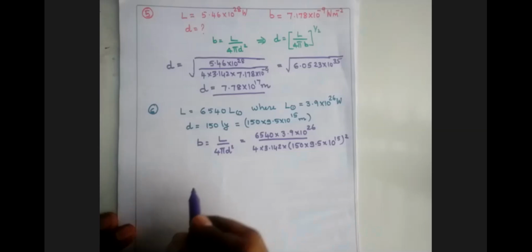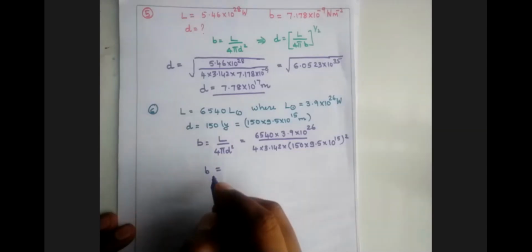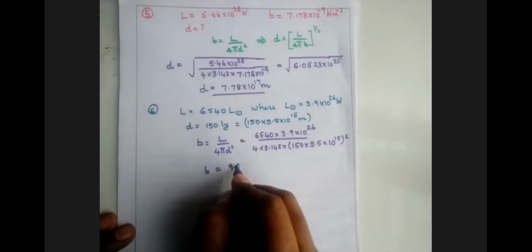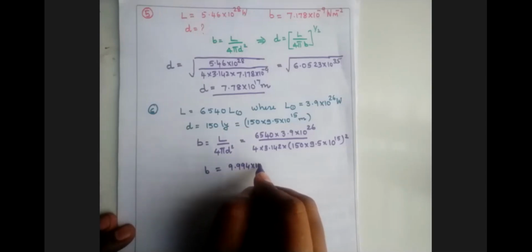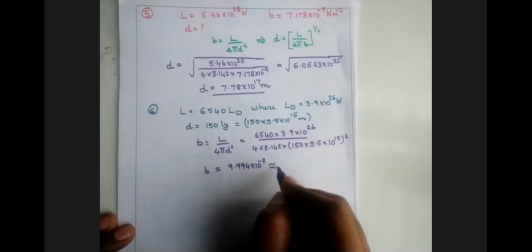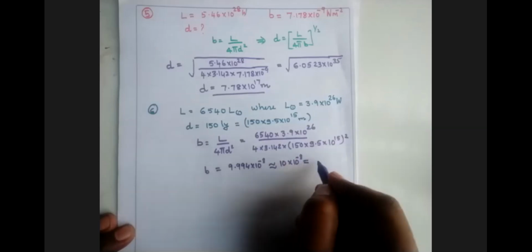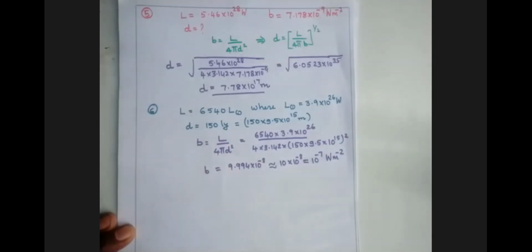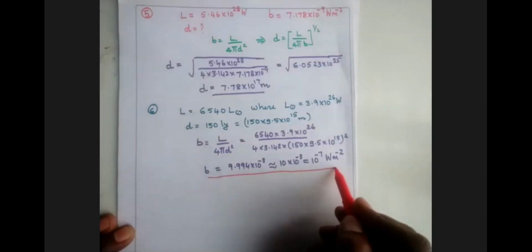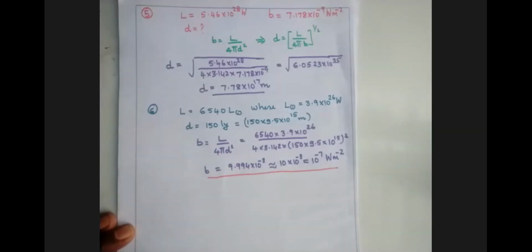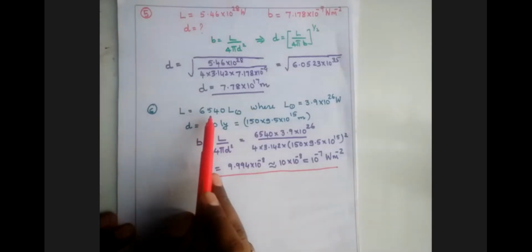Now solving, we get the brightness of the star is equal to 9.994 into 10 to the power of minus 8, or approximately we can take this as 10 to the power of minus 7 watts per meter square. This gives us the brightness of the star, which is at a distance of 150 light years and having the luminosity 6,540 times that of the sun.